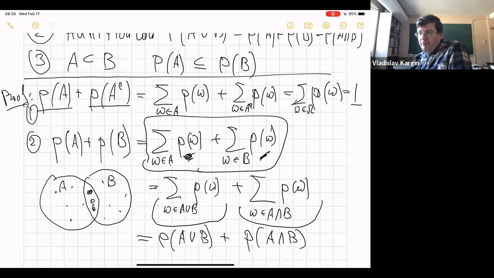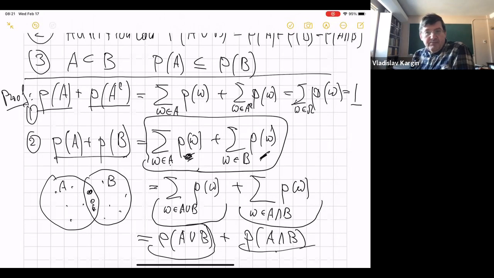Now if I look back at my law, this is exactly what I needed to prove. The probability of a union is equal to the sum of the probabilities minus the probability of the intersection. So this is how you prove the addition law if you're allowed to work with sums.